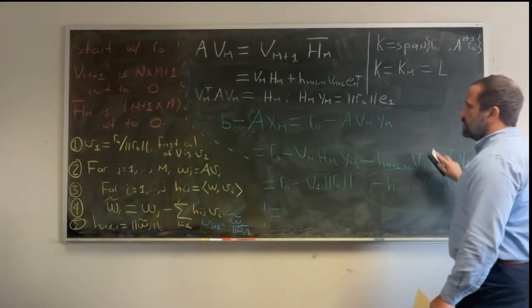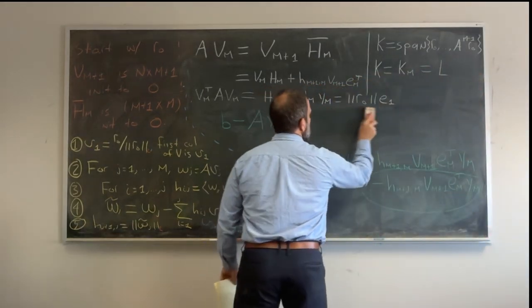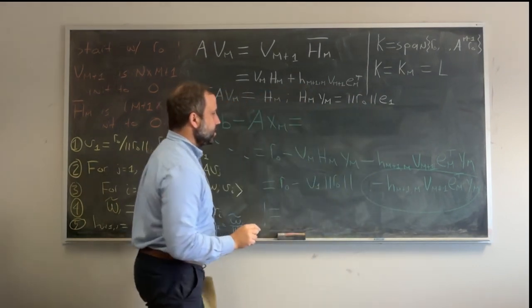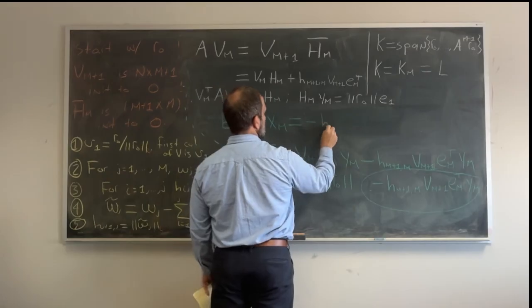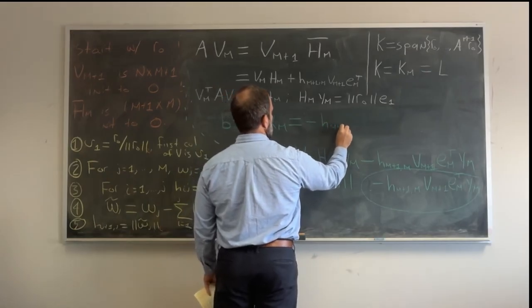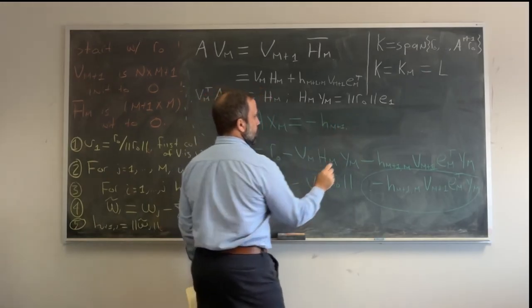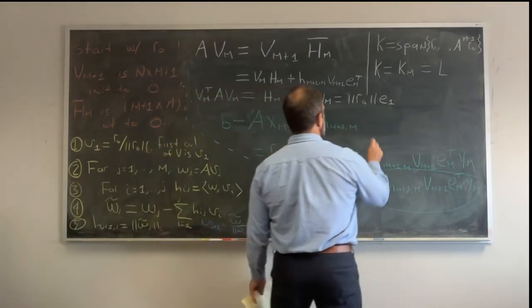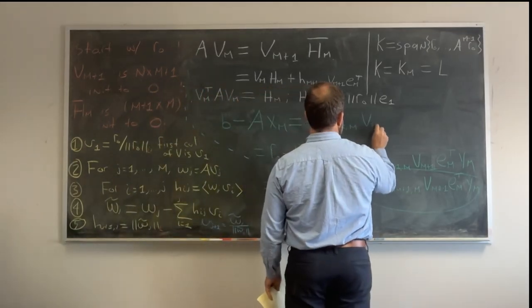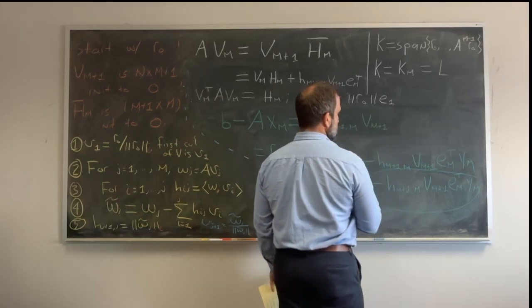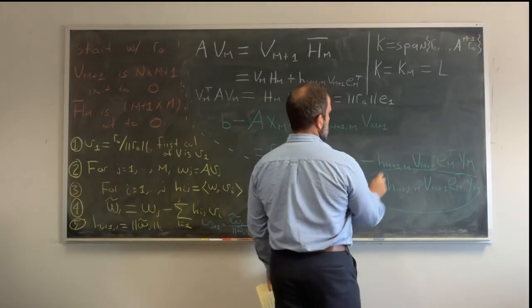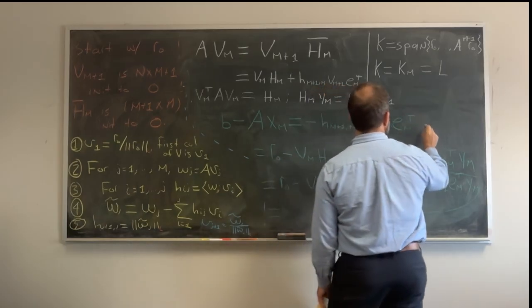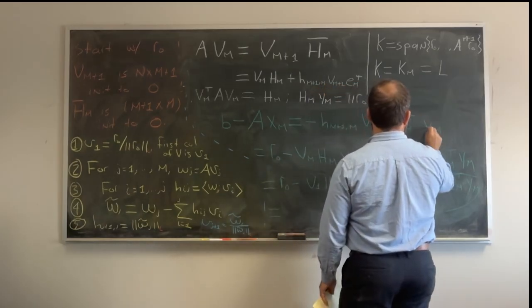So B minus AXM is equal to minus H M plus 1, M, and then we're going to have V M plus 1, EM transpose YM, like this.